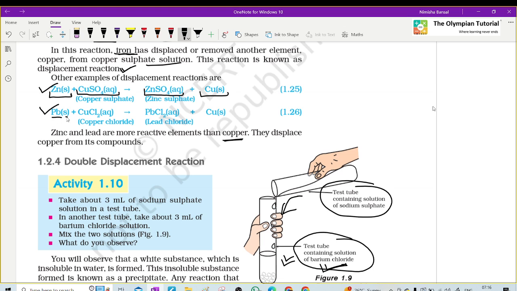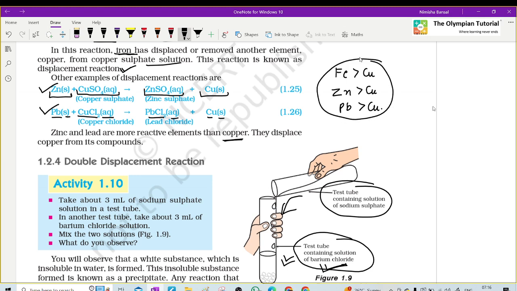Also lead, in solid form, with copper chloride, in aqueous form, will give lead chloride, aqueous, plus copper, solid. So here what we learn is that iron is more reactive than copper, Zn is also more reactive than copper, and lead is also more reactive than copper. All displace copper from its solution. Okay? Written also?